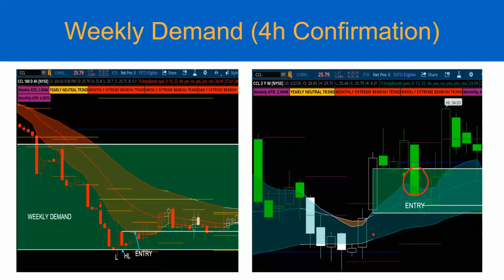I really like this entry because it shows I didn't give up on that weekly demand zone, and price came all the way down to the bottom of the zone, but I still didn't give up on the idea.